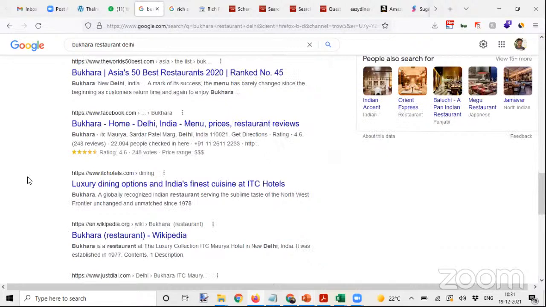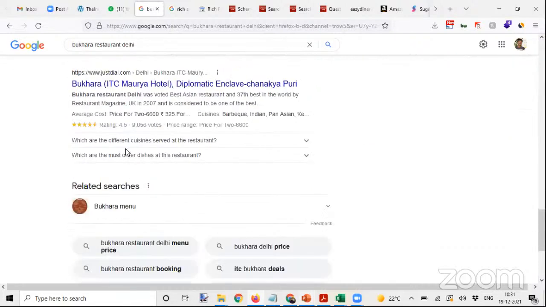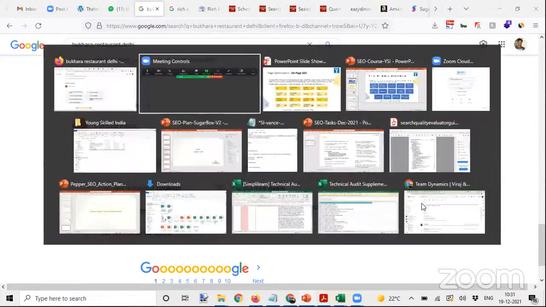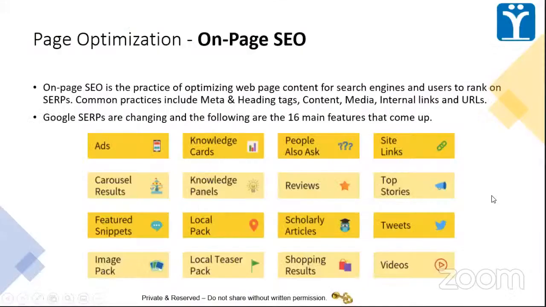And within the listings also it has shown these. So for different kinds of queries, Google will start to show different features: featured snippets, image packs in between. In the same way, videos, and for anything shopping related, it will also show shopping results. And we have seen that reviews are there, right?